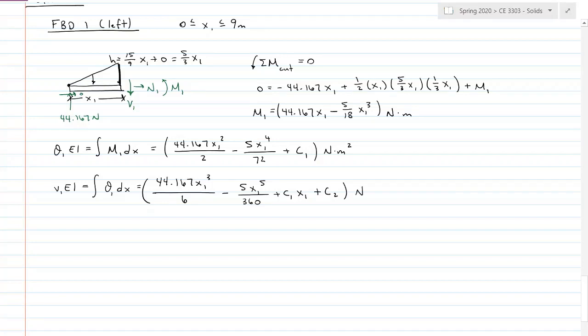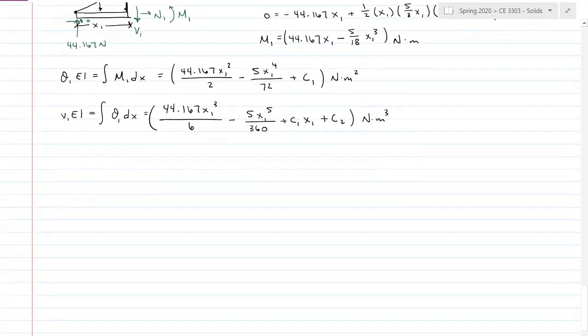And again, that will be increasing that x value, which is a length value, so this is now Newton meters cubed. Okay, so there's my first slope and deflection equation.